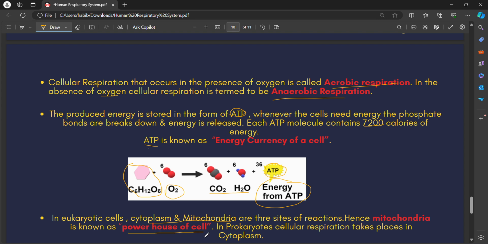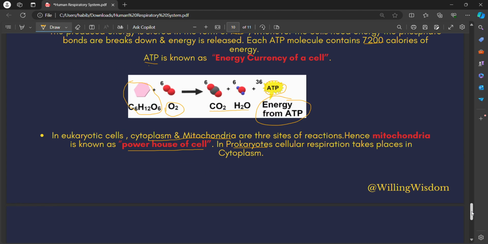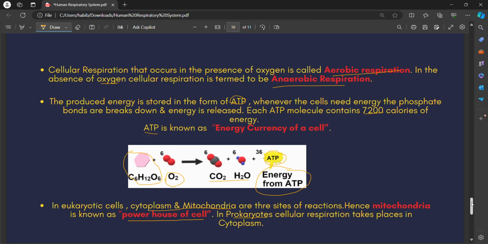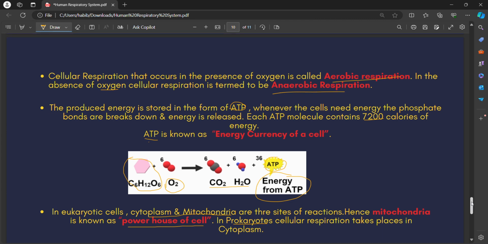So whatever ATP is produced will be stored in mitochondria. In prokaryotes, cellular respiration takes place in the cytoplasm, that is the fluid-like substance present in a cell. In eukaryotes it mainly occurs in the cytoplasm, but the energy released in the form of ATP will be stored in the mitochondria, and so mitochondria is said to be the powerhouse of the cell.